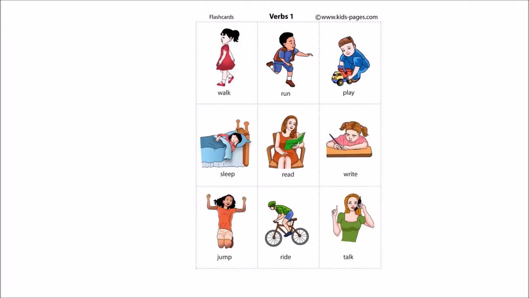It's like R-I-T, write. Repeat after me: write. Okay, so we have jump. Repeat after me: jump. Ride. As we said, ride a bicycle, ride a motorbike.